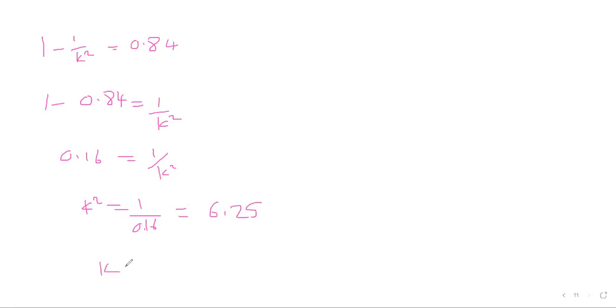So to find our K, we square root 6.25, and we get 2.5. So 2.5 is our K. Now we go back to our question. Using this rule, what is our confidence interval?